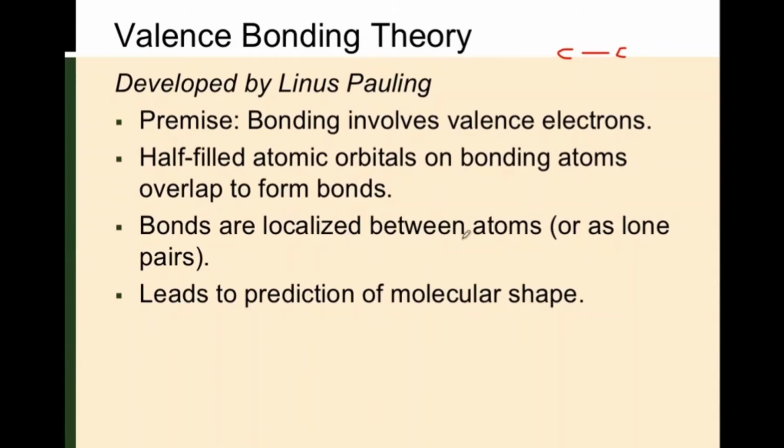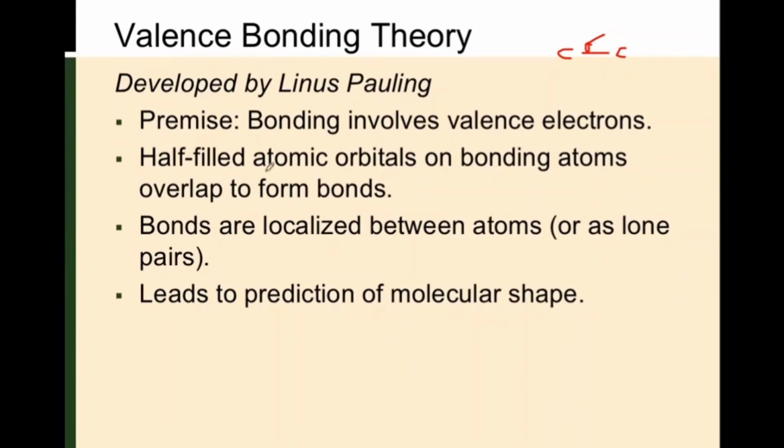But the bonds are localized between the atoms. They're along this bonding axis. This is like a sigma bond that we learned about before. So the way that these orbitals are localized leads to the prediction of the molecular shape, like our tetrahedral shapes, our trigonal bipyramidal, our octahedral, and so on.